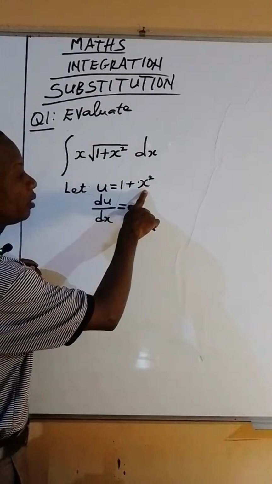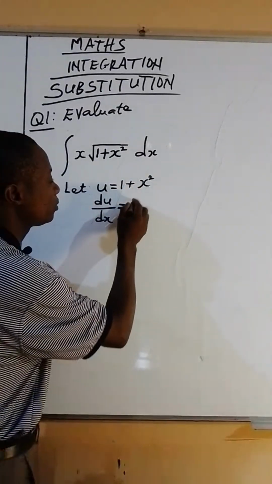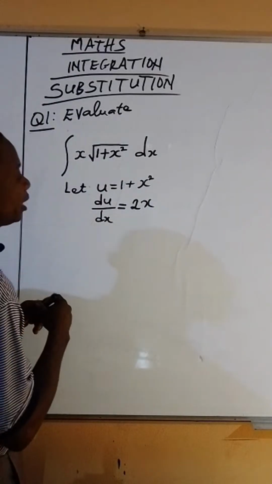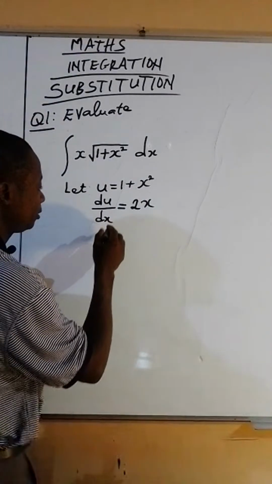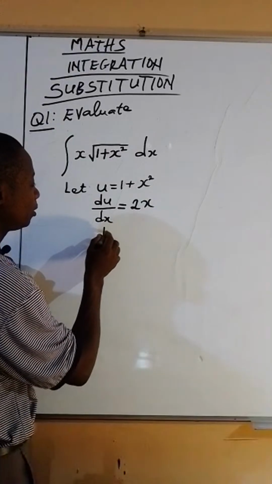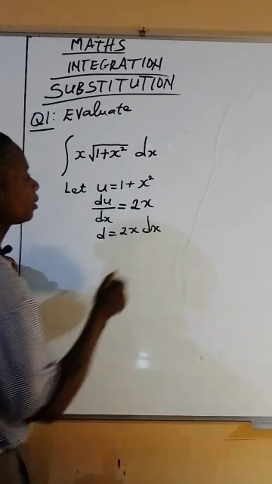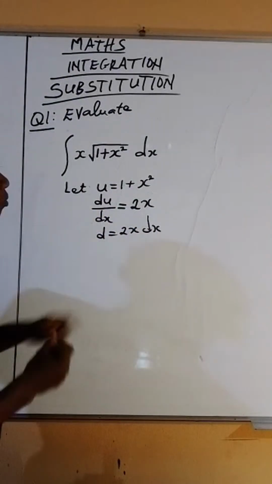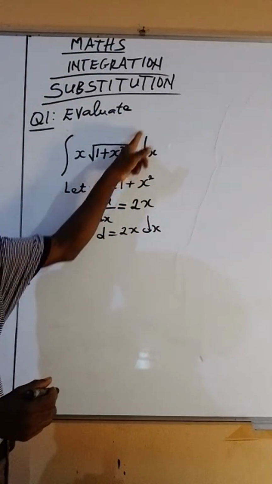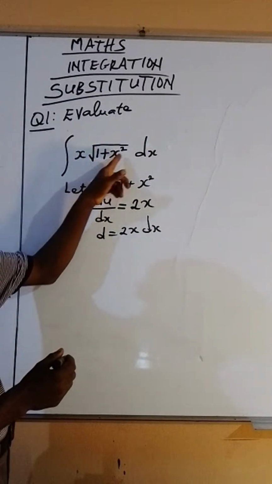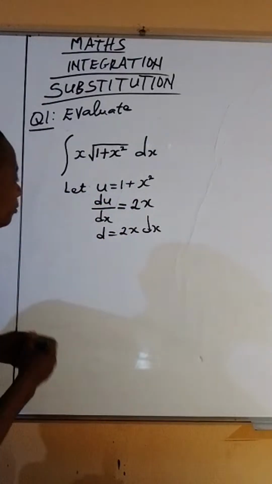But if we differentiate x squared, we are going to arrive at 2x. The implication is that du equals 2x dx. Remember we are to substitute for dx, and substitute for 1 plus x squared, which we are already used to here.